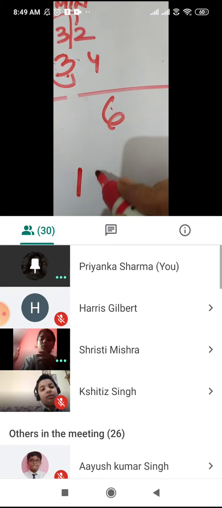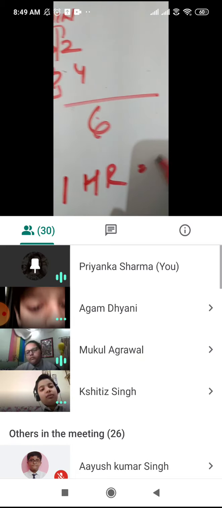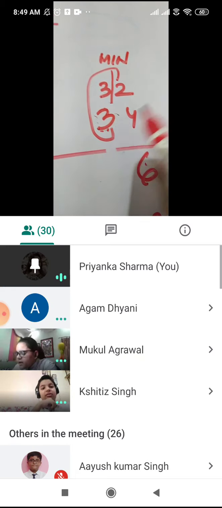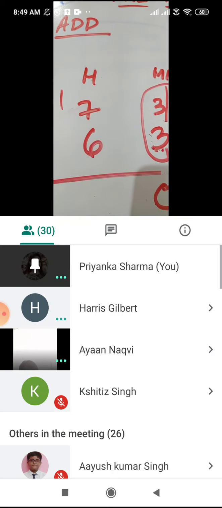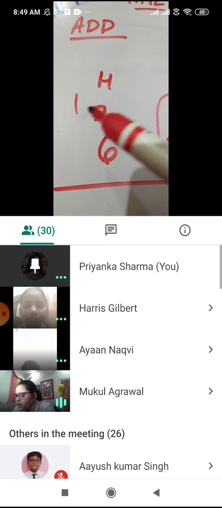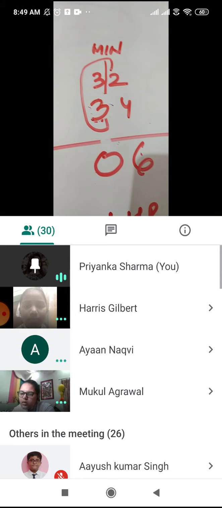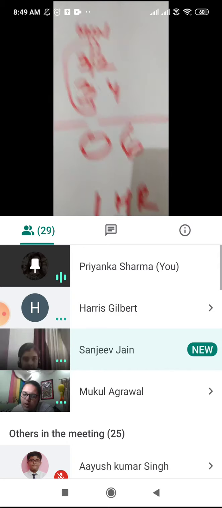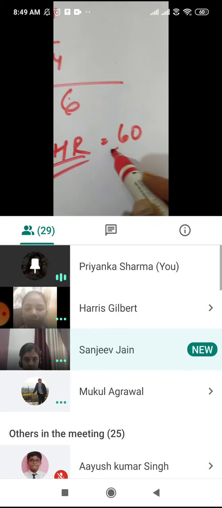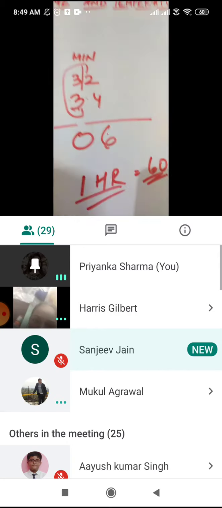And 1 hour is equal to 60 minutes, so we will carry over 1 here. So we will write 0 on this side and 1 will be carried. This is how you have to do addition sums, when 1 hour is equal to 60 minutes. Are you getting it?